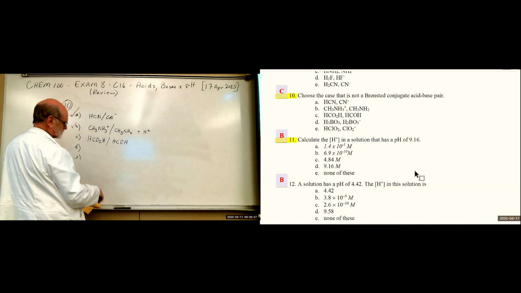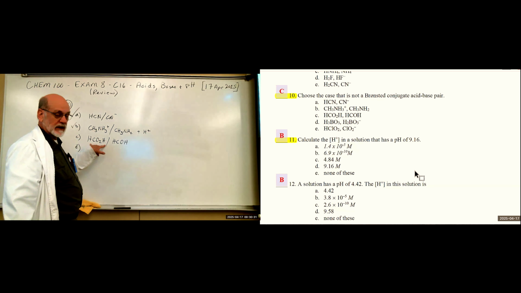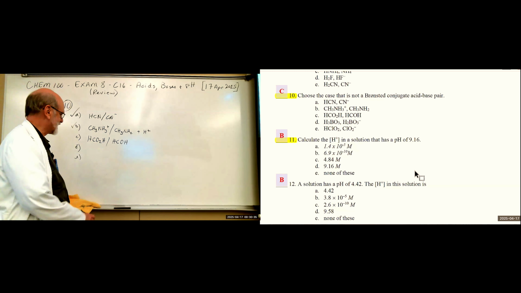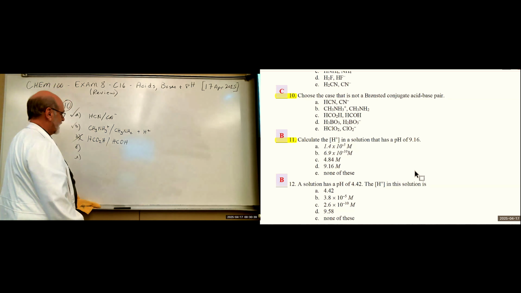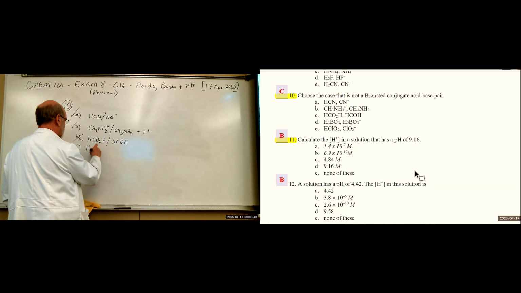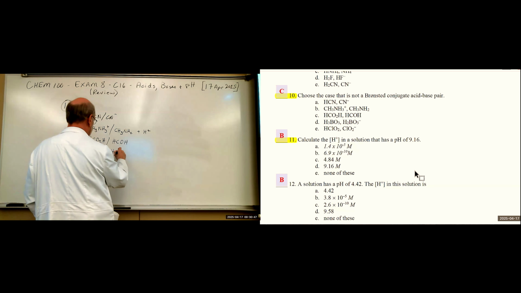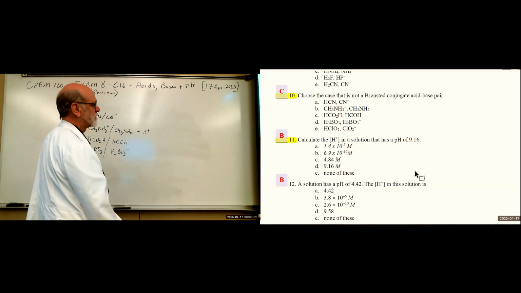All right. Notice what we've lost here. We didn't lose a hydrogen. We lost an oxygen, right? So that one won't work. And D is H3BO3, and it's probably H2BO3 minus.